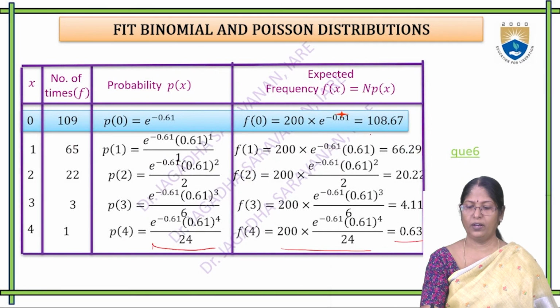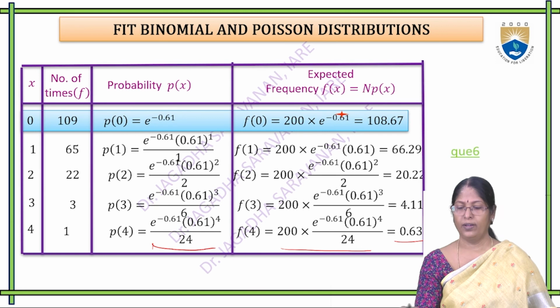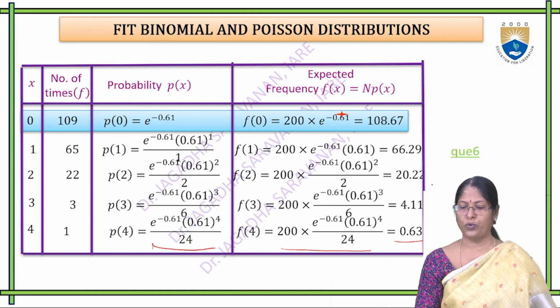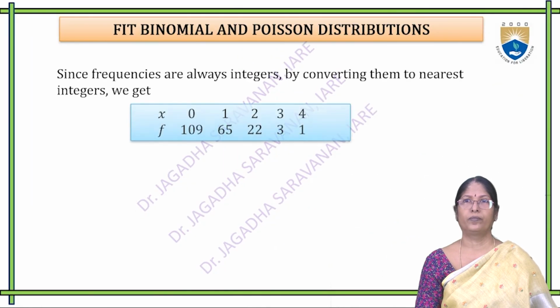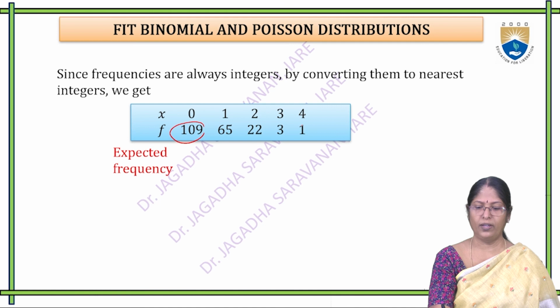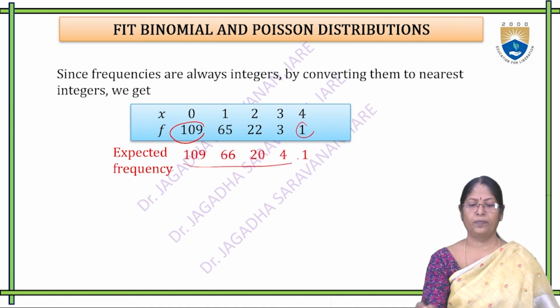We can see here, this 109, 108.6, that approximately we have taken 109. 66.2 is 66. And 20.2, 20, remaining 4.1 is 4, 0.6, that is 1. That's what here we can see the changes. It is written here.